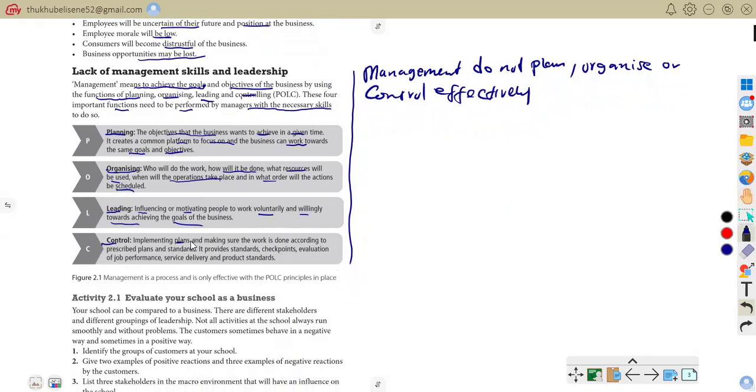So implementing plans and making sure the work is done according to the prescribed plan. This is where we see to it that the standard performance matches the actual performance, and then see the violations and deviations, where corrections need to be taken.